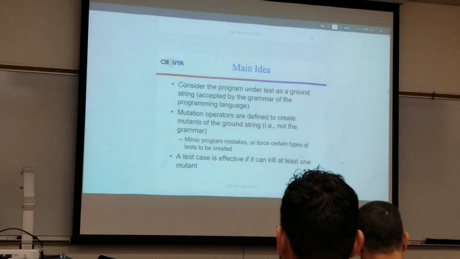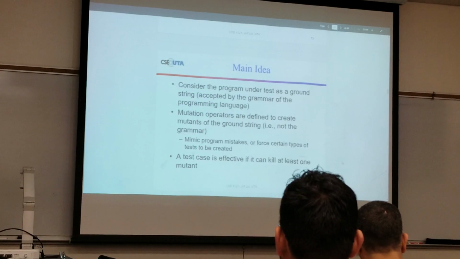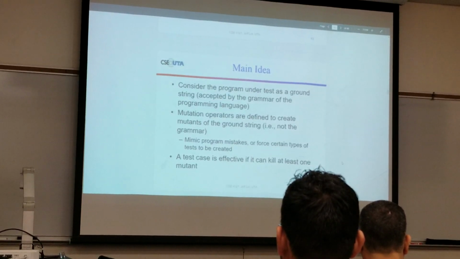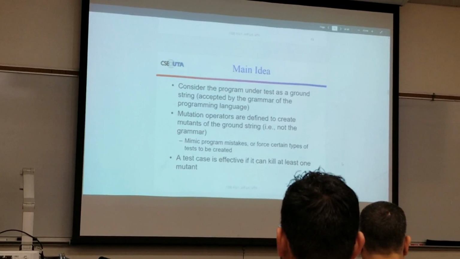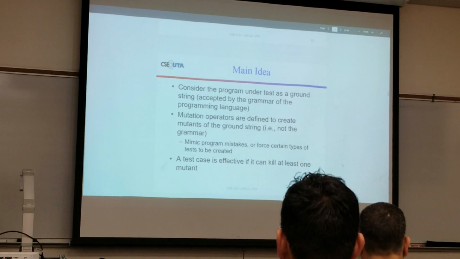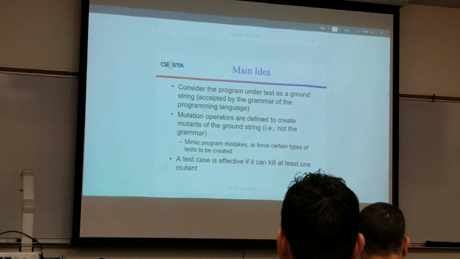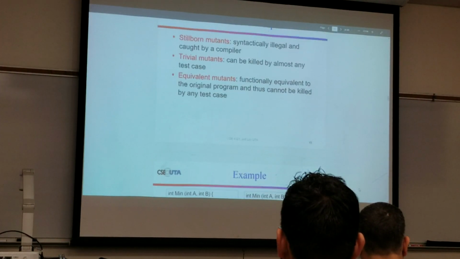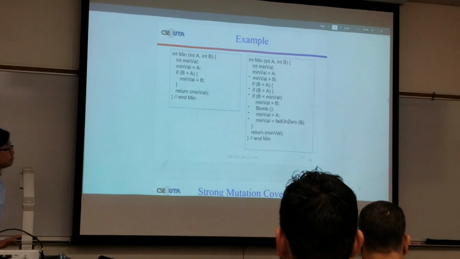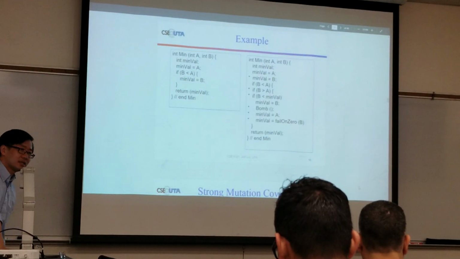So if you want a test case to be effective, the test case should be able to kill at least one mutant. You should be able to detect at least one bug that may exist. Let us look at the example first and see what this means.